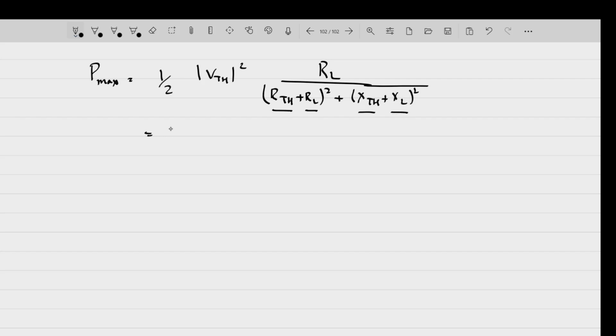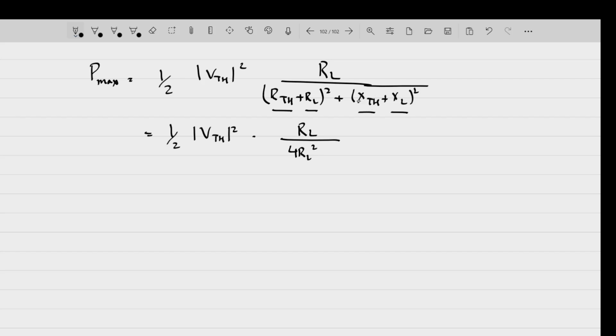So from there we see that 1/2 of VTH square into RL, I can write RL in place of RTH, so this becomes 2RL, so that becomes 4RL square.